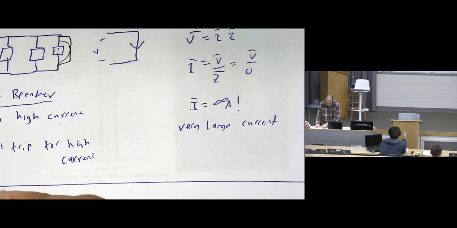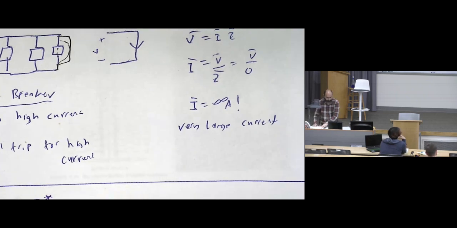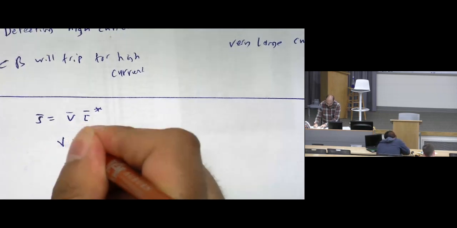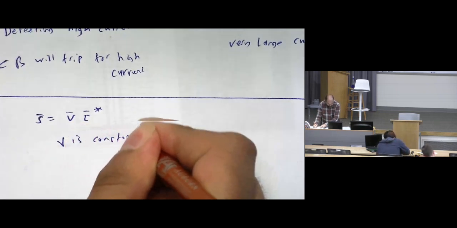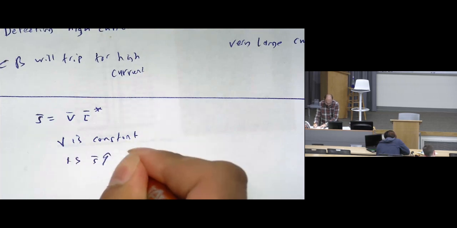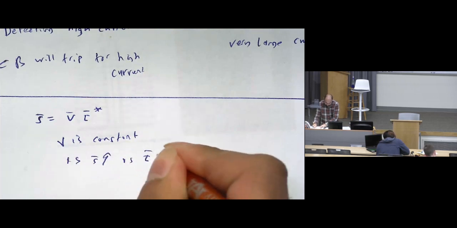So we know S bar equals V times I conjugate. Here, V is constant, so as S increases, I increases.